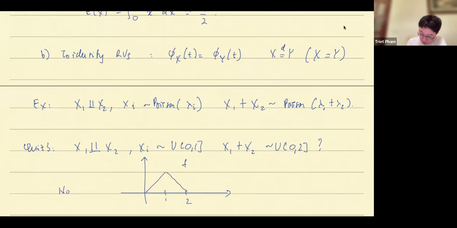This is the density of the sum of two uniforms, which is clearly not uniform.